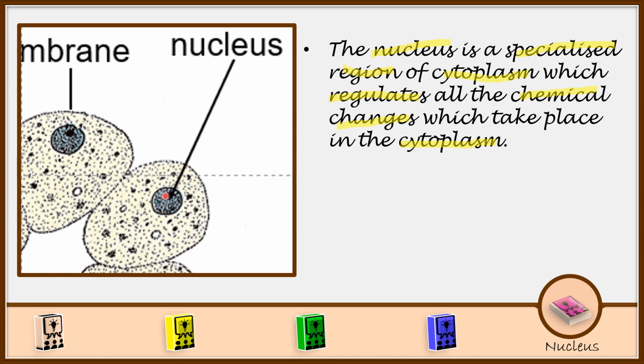It regulates all the chemical changes that take place in the cytoplasm. We have said that most of the reactions take place in the cytoplasm, and those reactions are regulated by the nucleus.